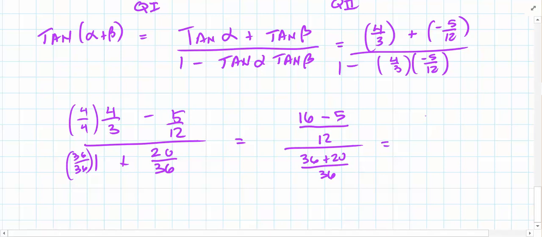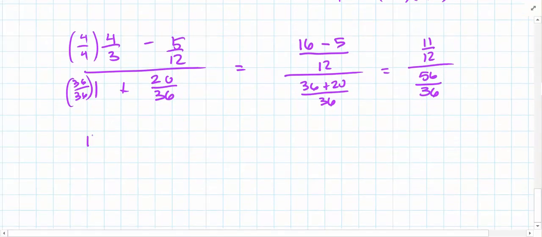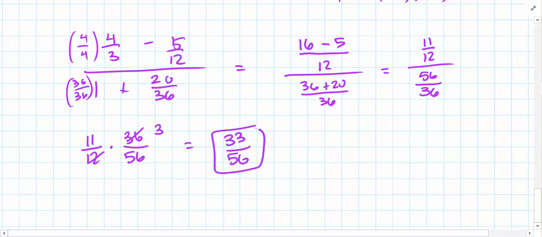With 16 minus 5, I've got 11 over 12, all divided by 56 over 36. So far, so good? We're going to flip and multiply. That gives me 11/12 multiplied by 36 over 56. Notice 36 divided by 12 is 3, leaving me with 33/56. So that is the exact answer for the tangent of alpha plus beta, and that's what you do.